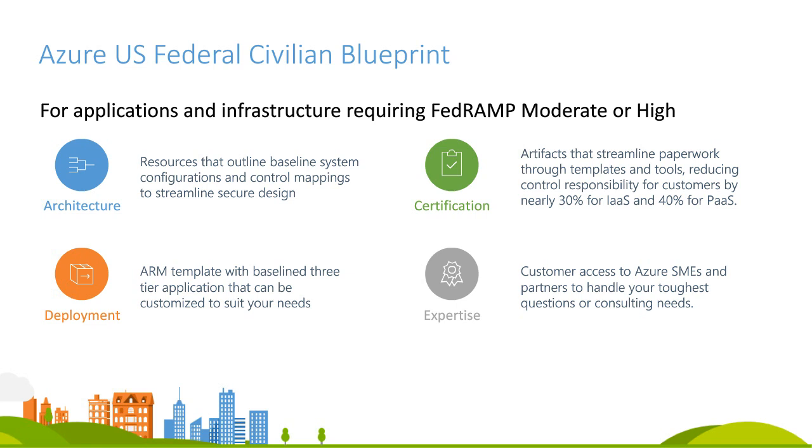Finally, down in the gray sphere, we have a couple of different flavors of expertise. So Microsoft is a large volume customer of external auditors and subject matter expert vendors in the cybersecurity space. If our customers do not have their own auditor or cybersecurity SME that they already like, they can get access to ours at our volume discount rates coming through the Blueprint program.